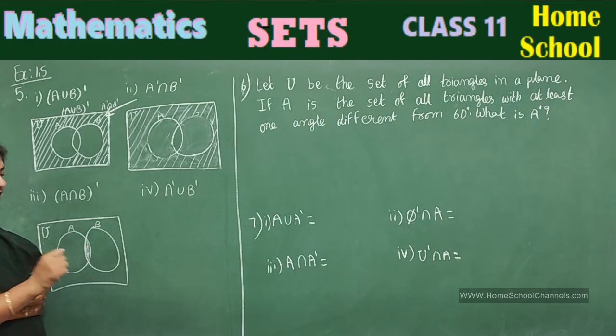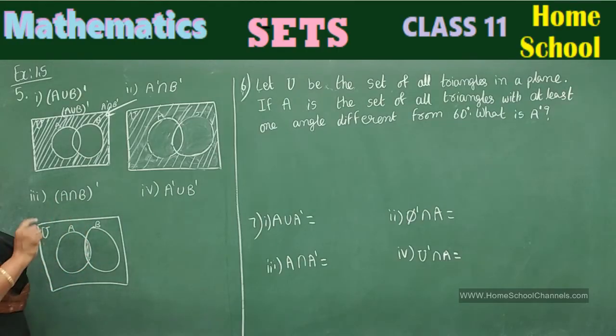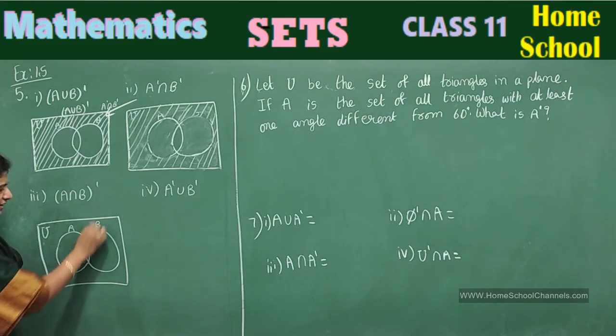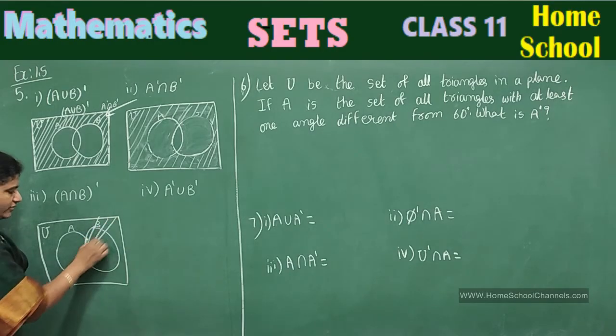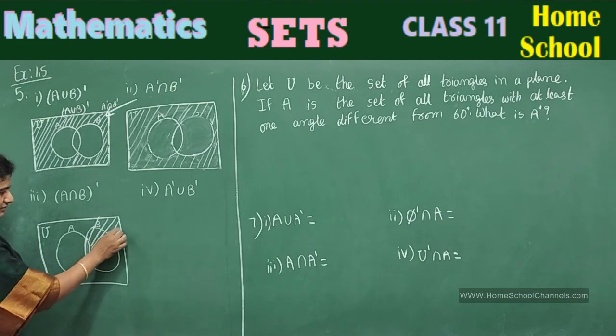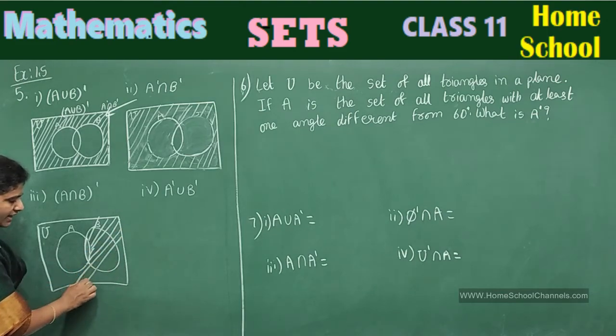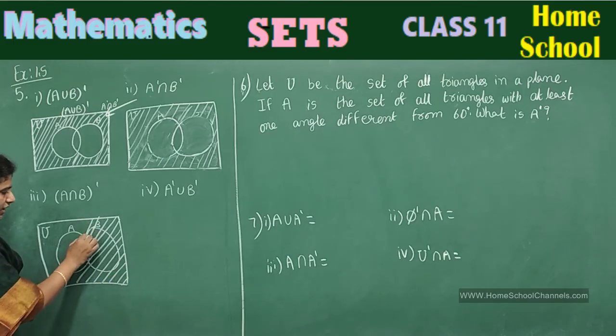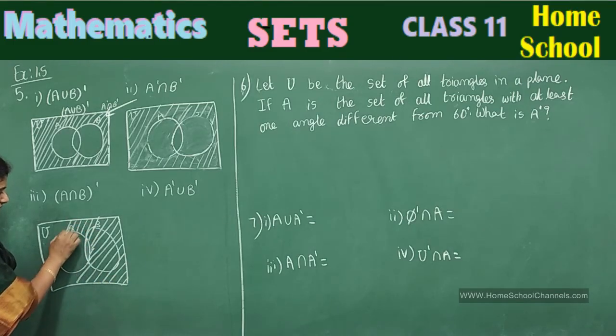But we need to find the complement of it. That means A intersection B whole complement. Other than the shaded region, other than this part, we need to shade the complete universal set. Other than the intersecting part, you need to shade completely, including circles.